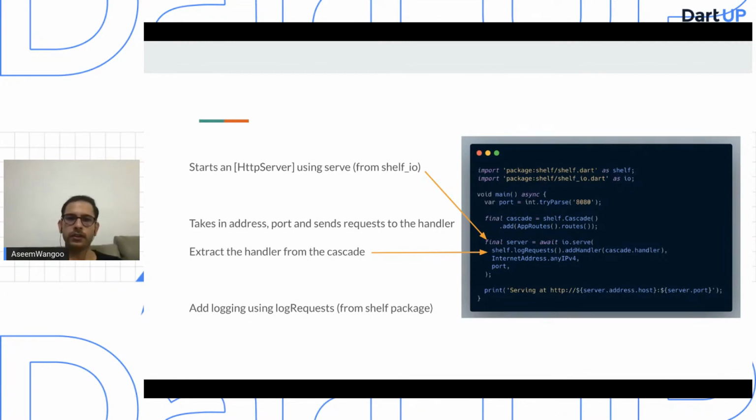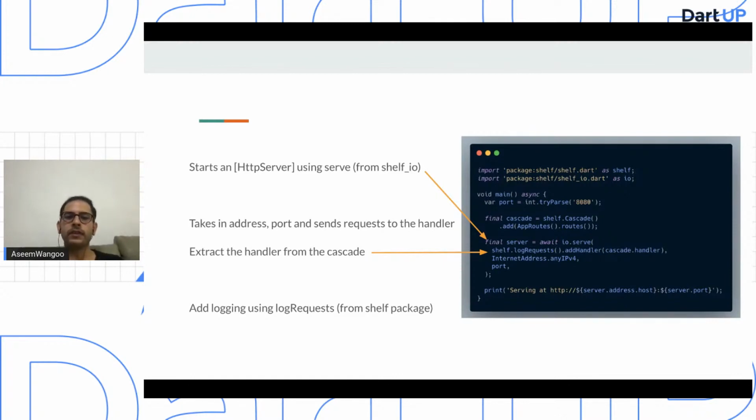The first is it takes in a handler. Next, it takes in the address. And lastly, it takes in the port. So in our case, the handlers are the ones we described in the cascade. But to get the handlers out of that cascade, we use the property cascade.handler.